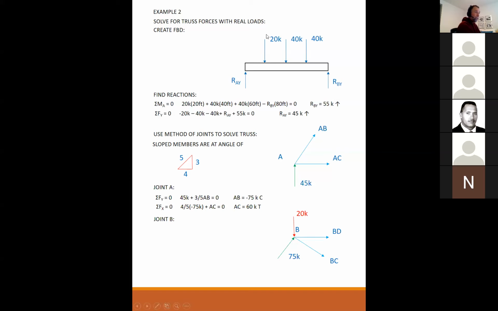So there's a real 20 kip load at joint B. So summing the forces in the Y, I have 3/5 of this 75 up. I have 3/5 of BC unknown down, and I have 20 kips going straight down. So BC solves to be 41.667 kips in tension.